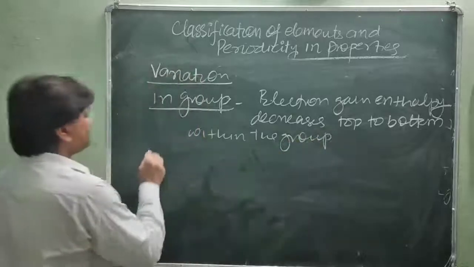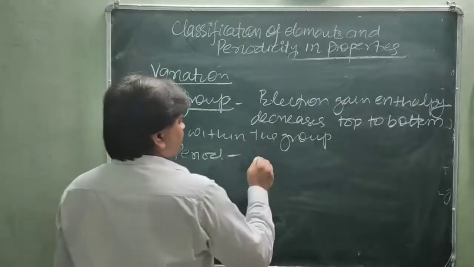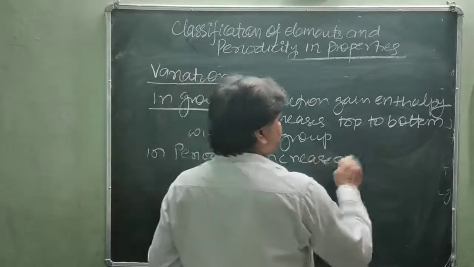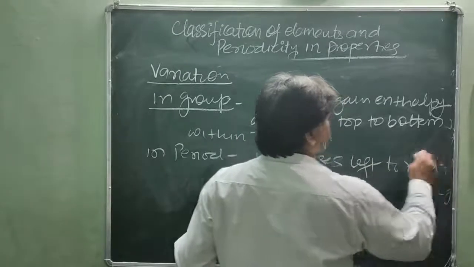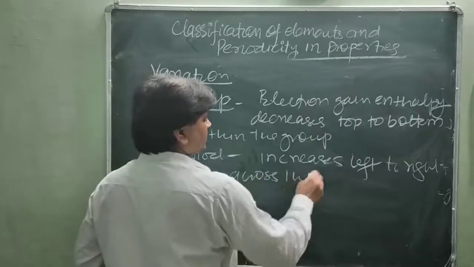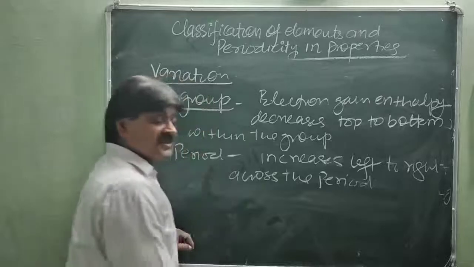However, in a period, electron gain enthalpy increases left to right across the period.